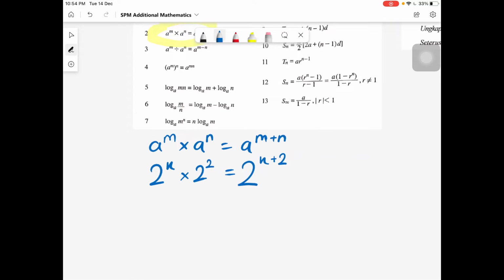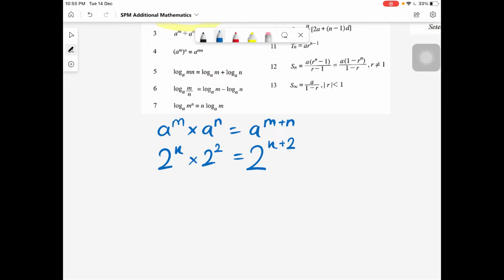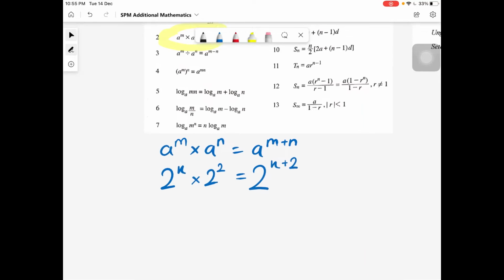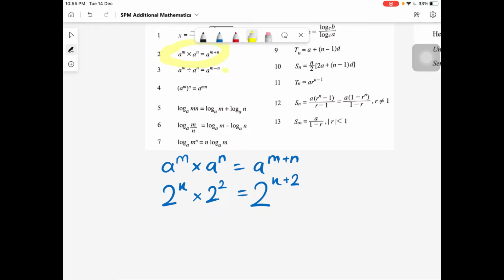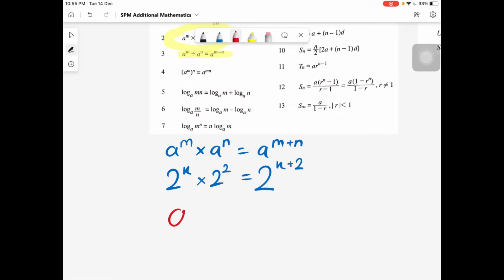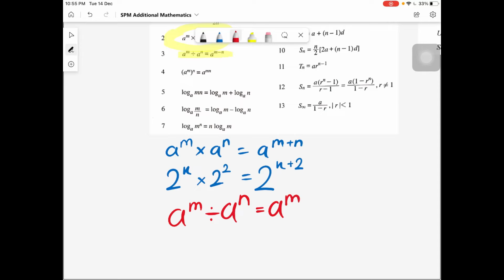Let's move on to another indices identity, and this identity is number 3 here. A power m divided by a power n equals a power m minus n.